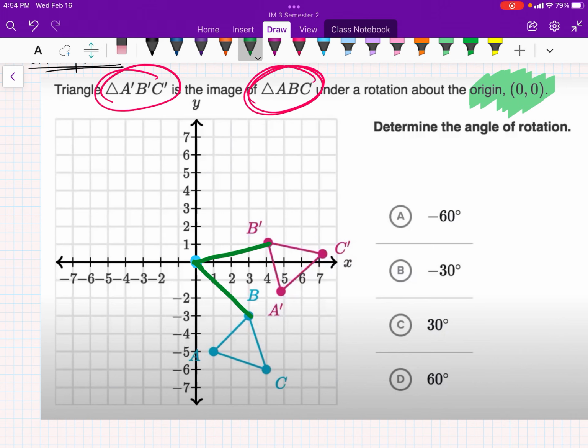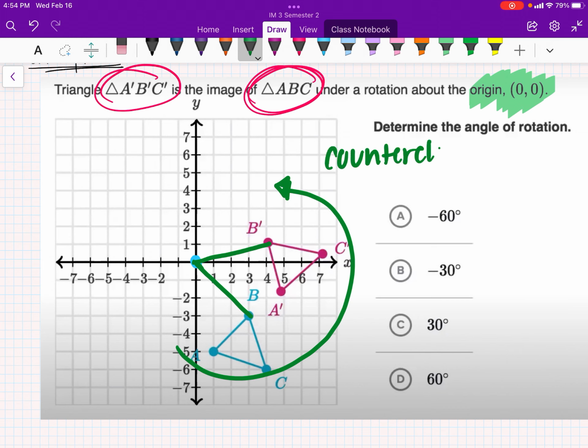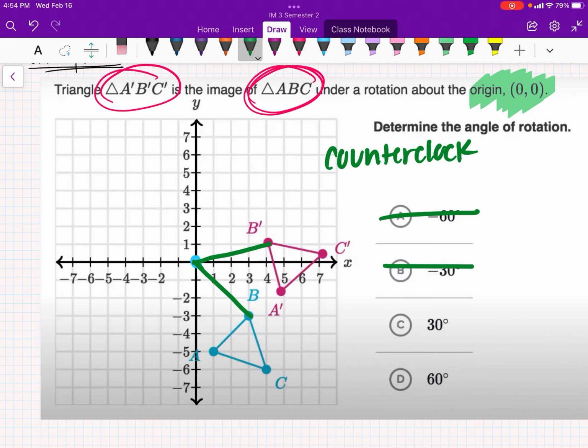Now, once again, notice the direction we're moving. We're moving in this direction here. We're going counterclockwise. Now, if we're going counterclockwise, our angle of rotation in this case will be positive. So that being said, I could eliminate these two options, and now I'm just focused on my positives.